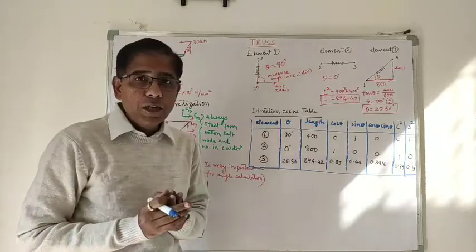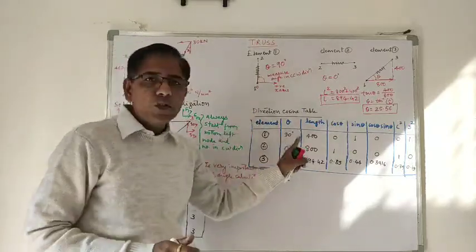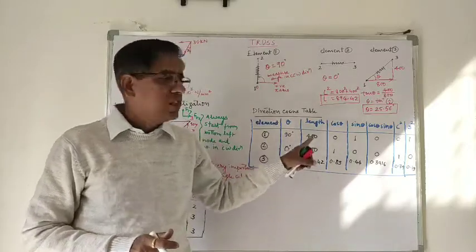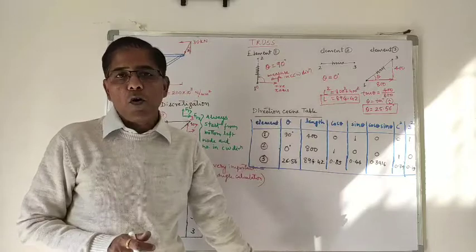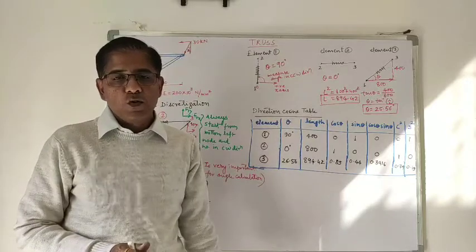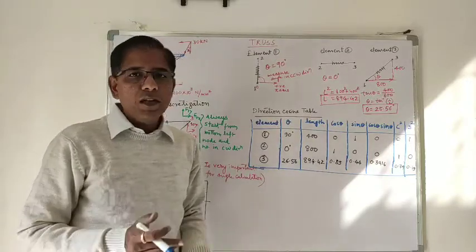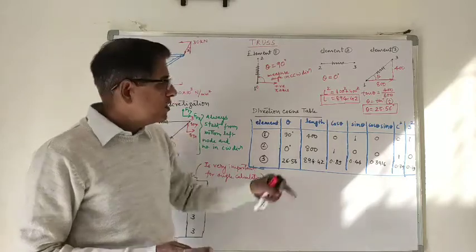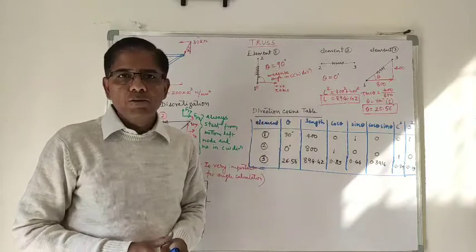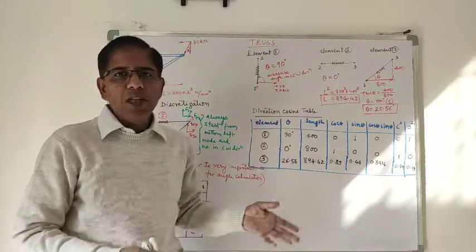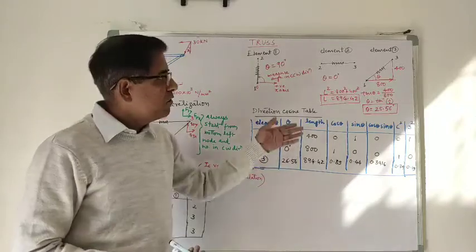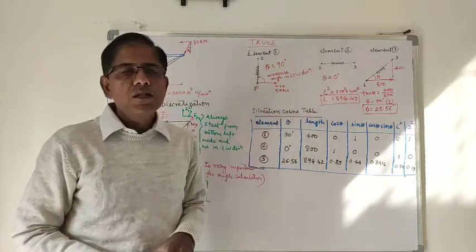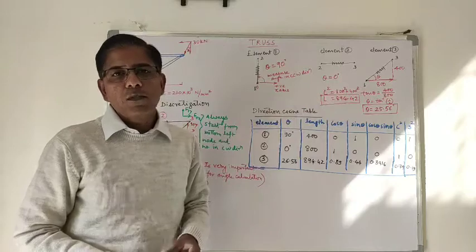And if you believe me, if your direction cosine table is correct, 95% chances are there that your problem is correct. Whenever we evaluate the answer sheets in university examinations, we always see the direction cosine table, because there are so many answer sheets to be checked, and checking each and every step is virtually not possible.